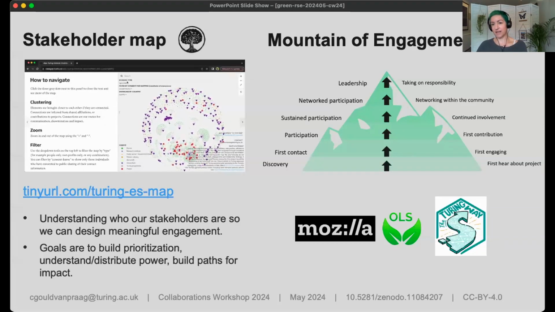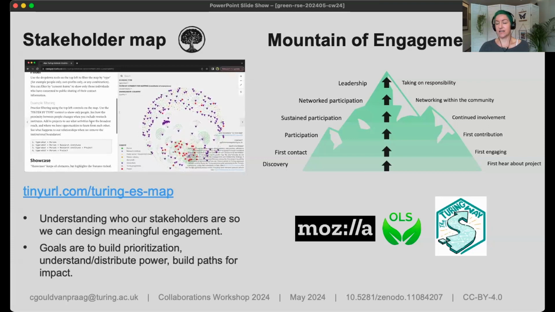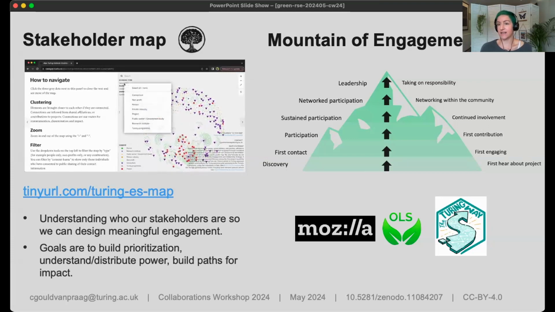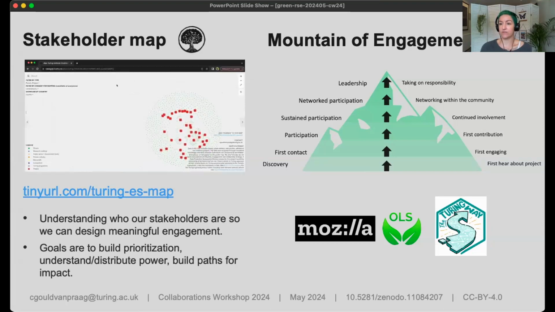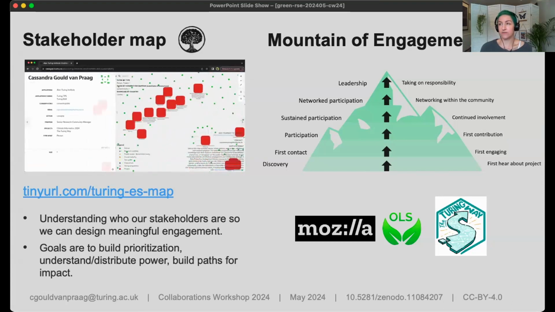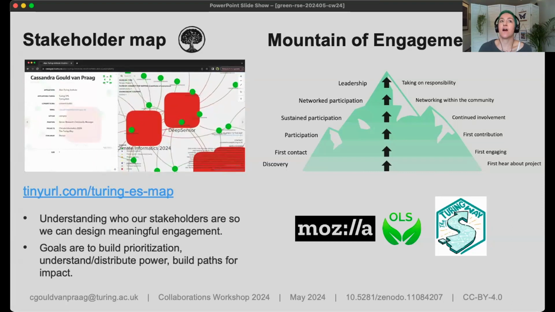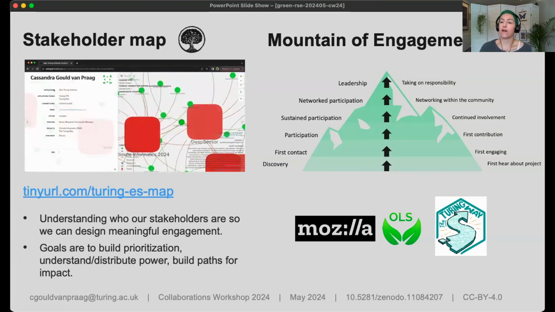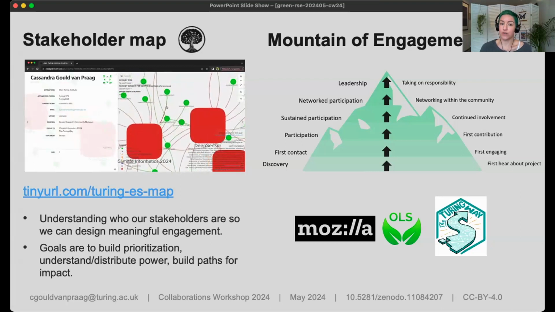With the stakeholder map, what we're trying to do is collect people working in data science for environment and sustainability. They can be private sector, public sector, and researchers. The way we're collecting these folks is that they are individuals who have signaled that they are interested in collaborating and joining a community.